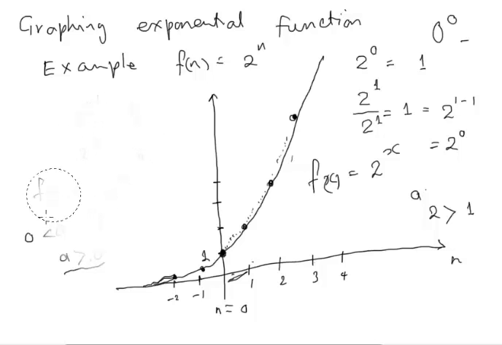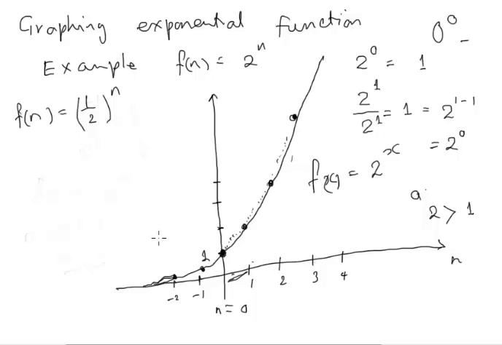I now want to discuss with you briefly when the base is a number less than 1. So in this case, let's deal with f of n equals 1/2 to the power n.